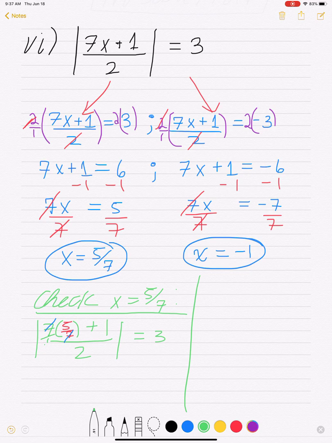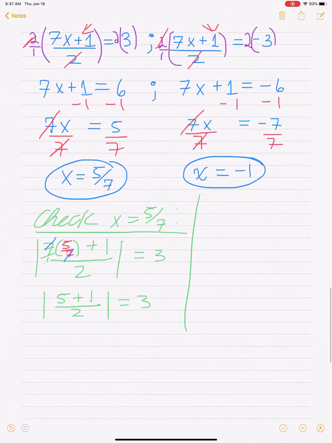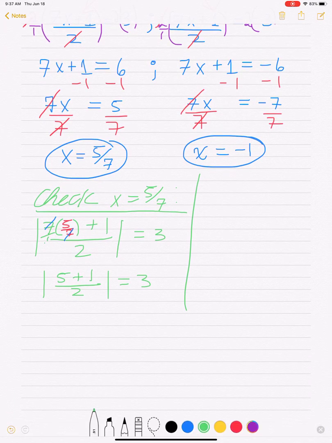So we're going to have the absolute value of (5 plus 1), all divided by 2, equals 3. The absolute value of 5 plus 1 is 6 over 2 equals 3. And 6 over 2 is 3, so we have the absolute value of 3 equals 3. Yeah, 3 equals 3. That checks out. The absolute value of 3 is 3.